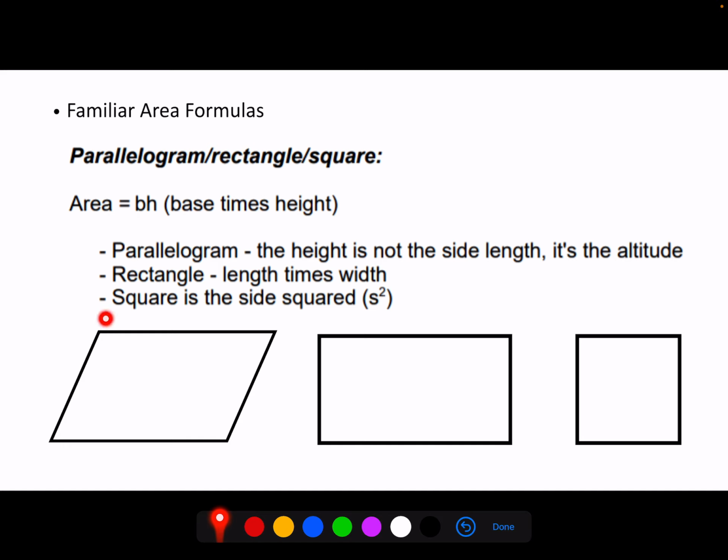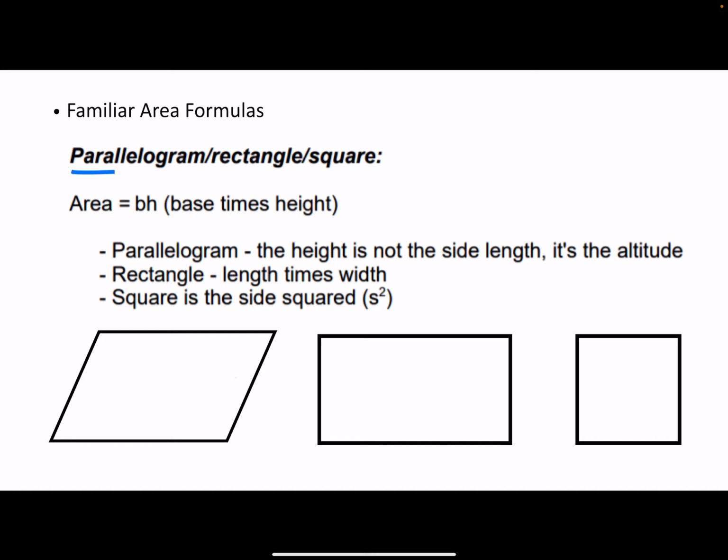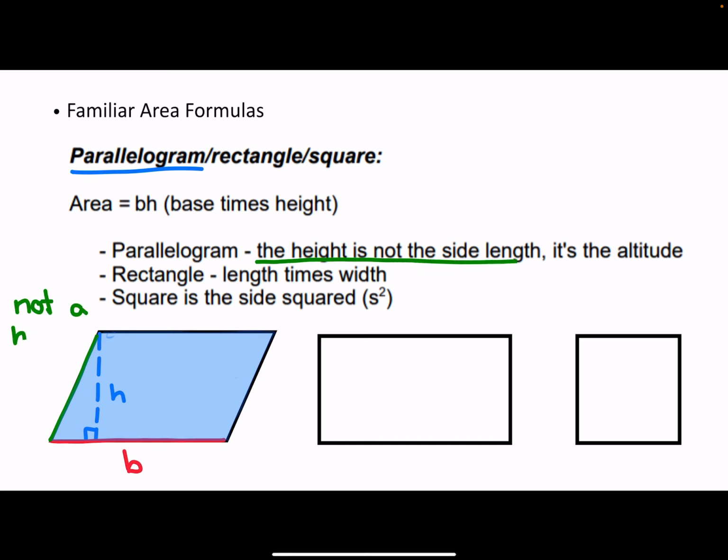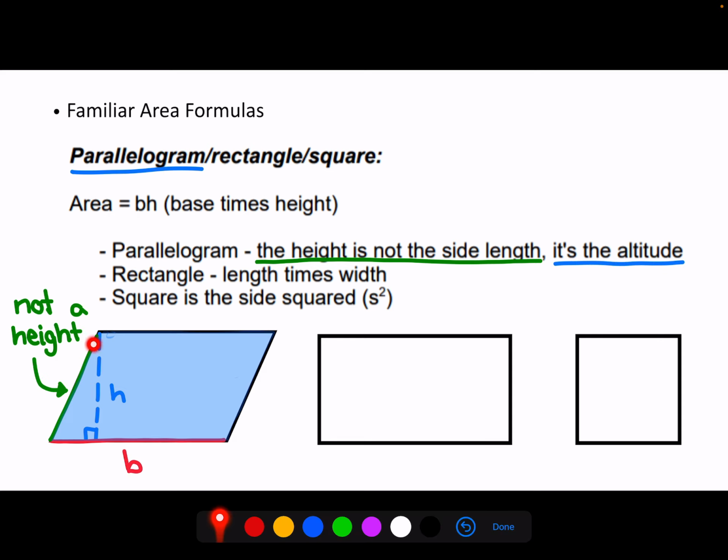Now, for our parallelogram, it's important to know that the height is not the side length. The height, again, must be perpendicular to the base. So again, this green side here is not the side length, and this is not the height. The height must be perpendicular. So if you're ever given this, this is called a slant height.